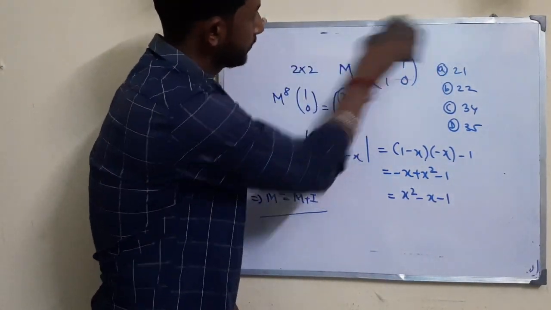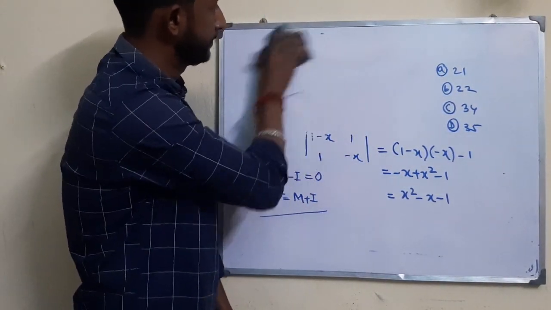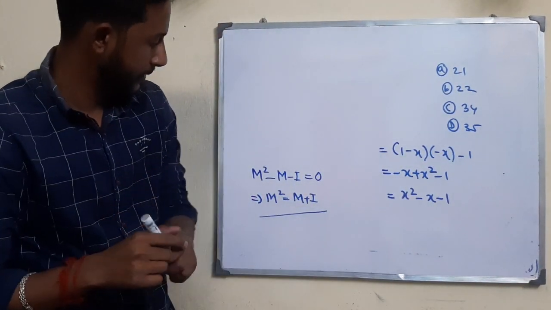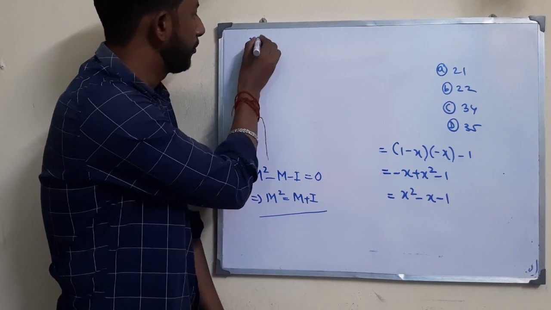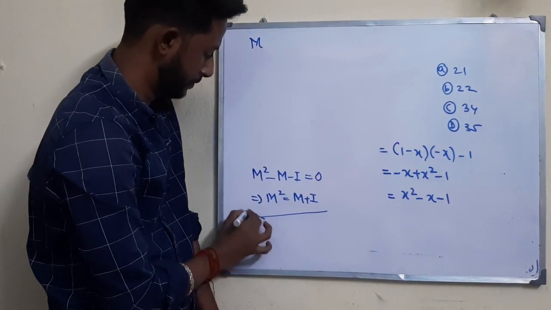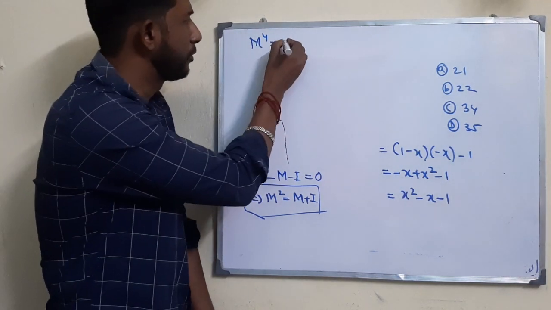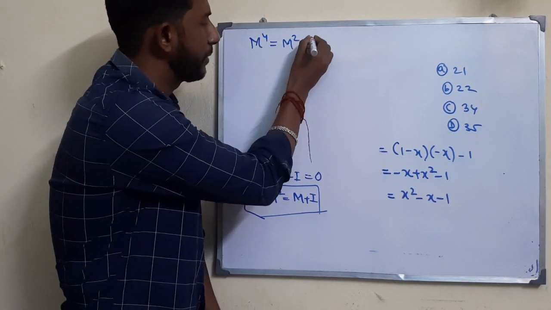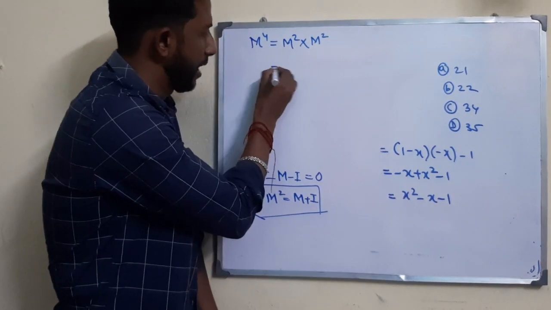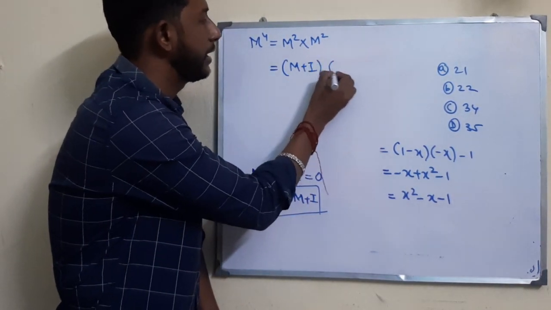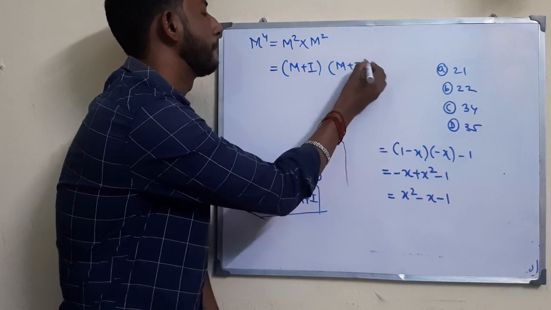Okay, so we got the value of M square. Now let us find the value of M to the power 4. M to the power 4 is equal to M square multiplied by M square. Now M square is equal to M plus I, and again M square is equal to M plus I, right?